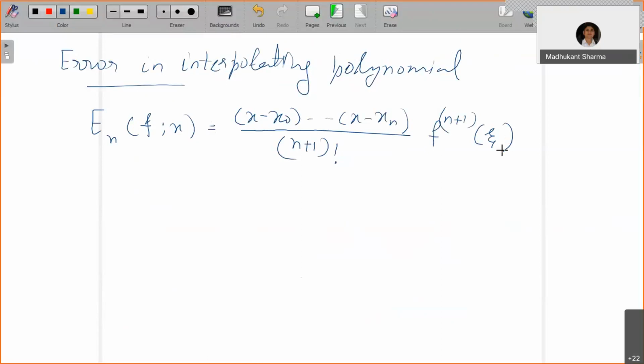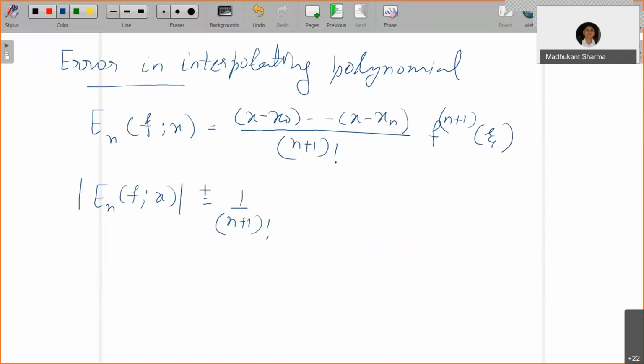Right? So we have just now worked with the forward difference and backward difference operators. And when you wish to bound, you take the mod on both sides, so this is 1 by n plus 1 factorial times the mod of this polynomial of degree n.